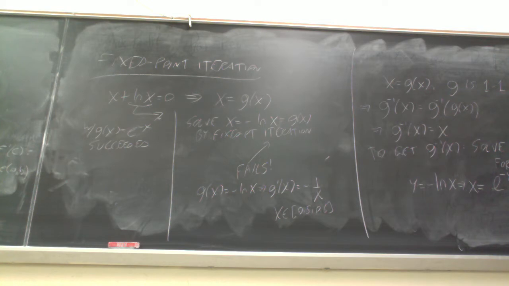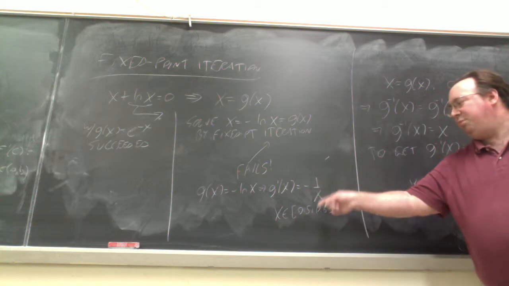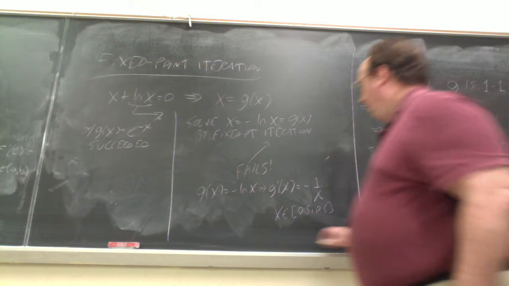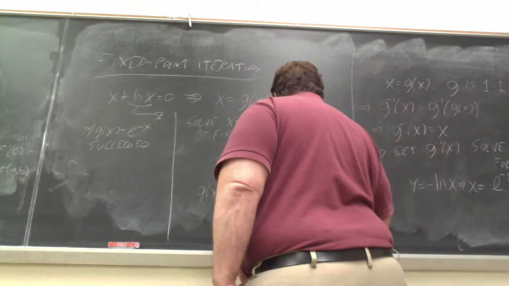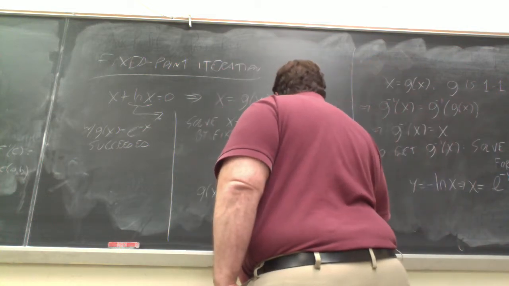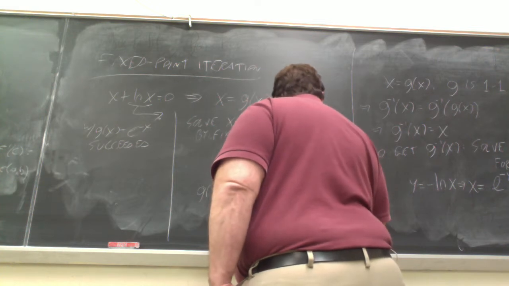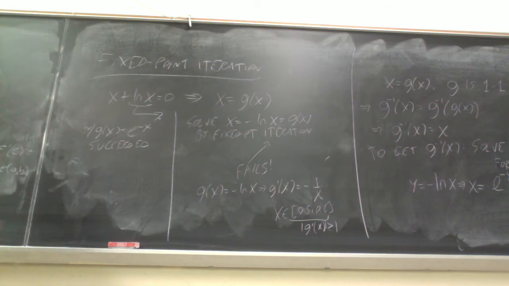Negative 2. Yeah, greater than 1 in absolute value. So on this interval, g prime is greater than 1. With that in mind, no surprise that it failed.